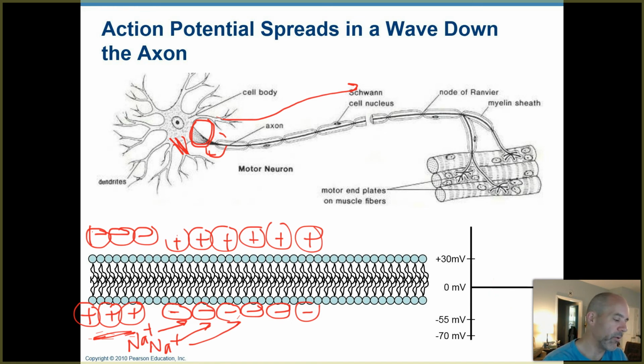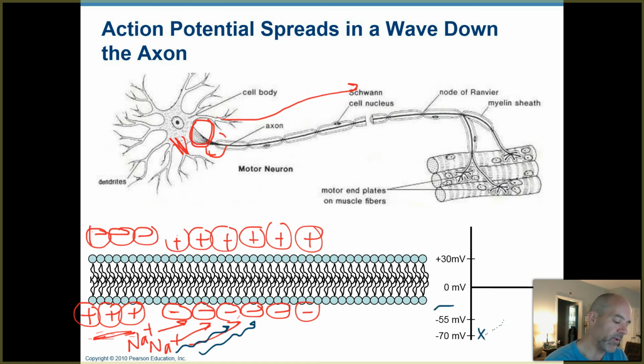As these sodium ions flow into this next stretch of the membrane, what's happening to your membrane voltage? Guess what? It's starting to go up.